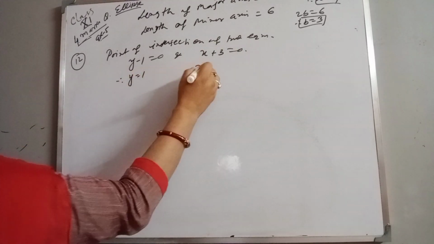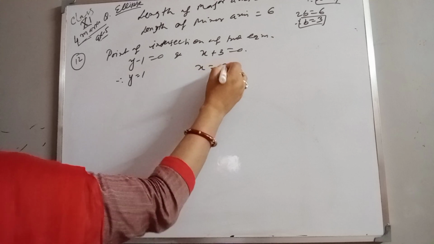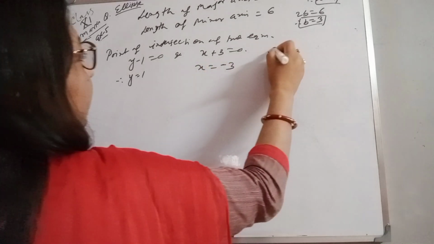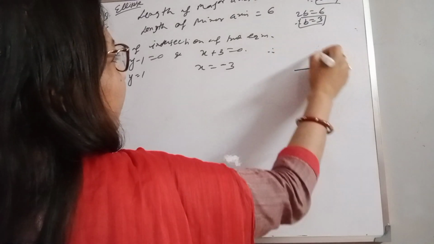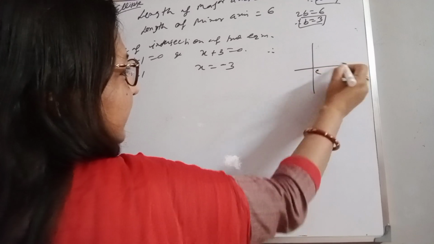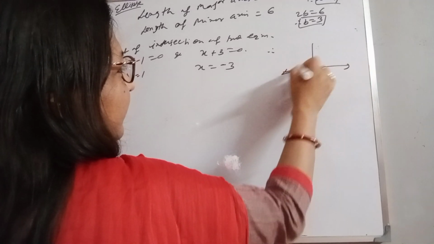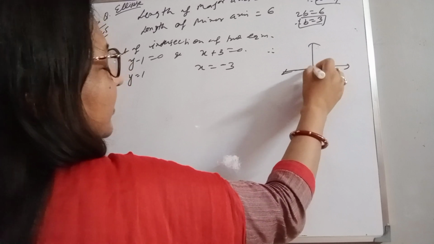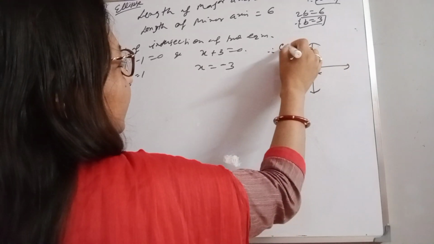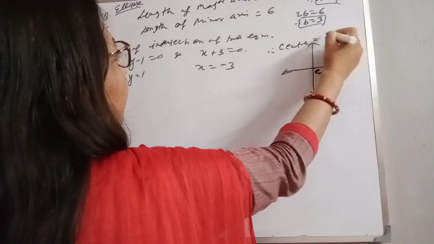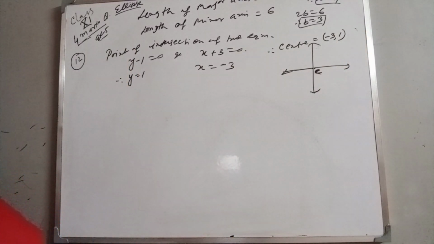Therefore, y is equal to 1 and x equal to minus 3. Therefore, what is the center? When the major axis and minor axis intersect each other, that should be the center. Therefore, center is equal to minus 3 comma 1.